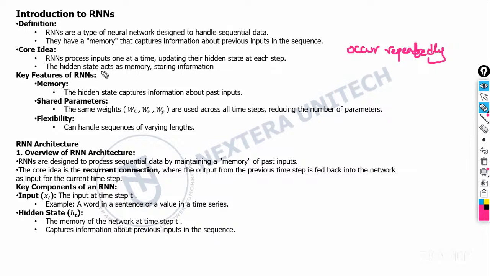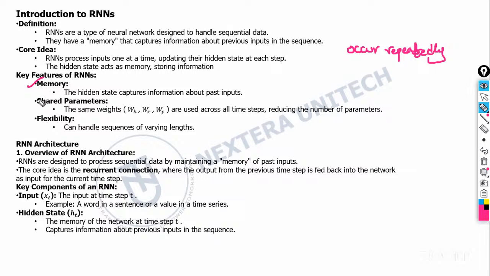The hidden state acts as a memory component, which helps us to store information. And the key feature of RNN is memory. This particular component is not present in ANNs and CNNs.